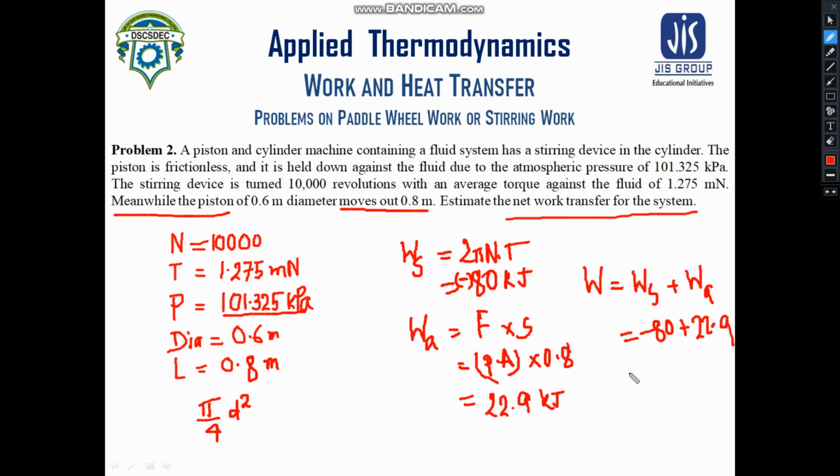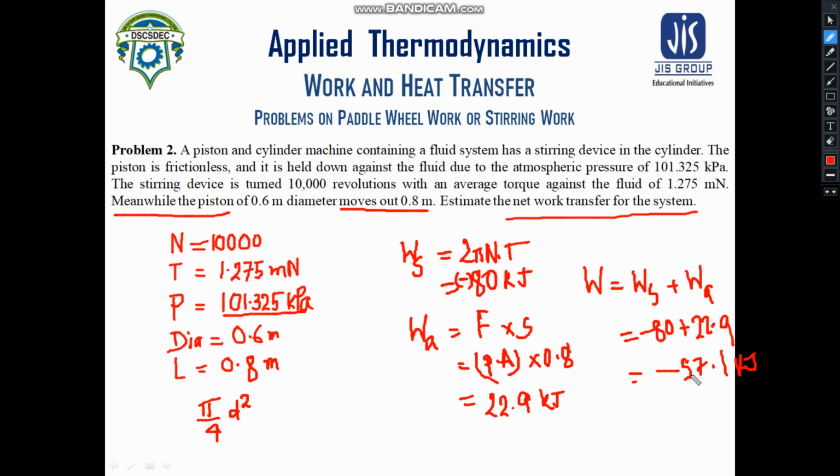So ultimately we will get a result of minus 57.1 kilojoule. So the concept was only to find which work is positive and which of the work done is negative. You just need to identify the surroundings and the system.